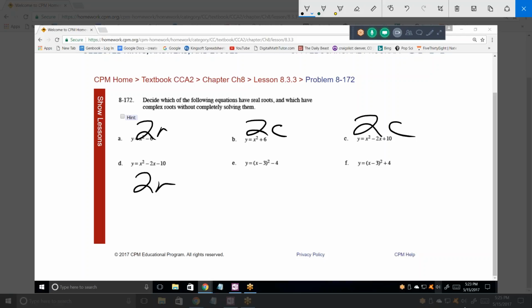Well, this one's a little different. In other words, they don't give us a polynomial. They give it to us as a quadratic in vertex format. Well, remember what we learned. Where's the vertex on this thing? It's in vertex format, x minus h squared minus k.